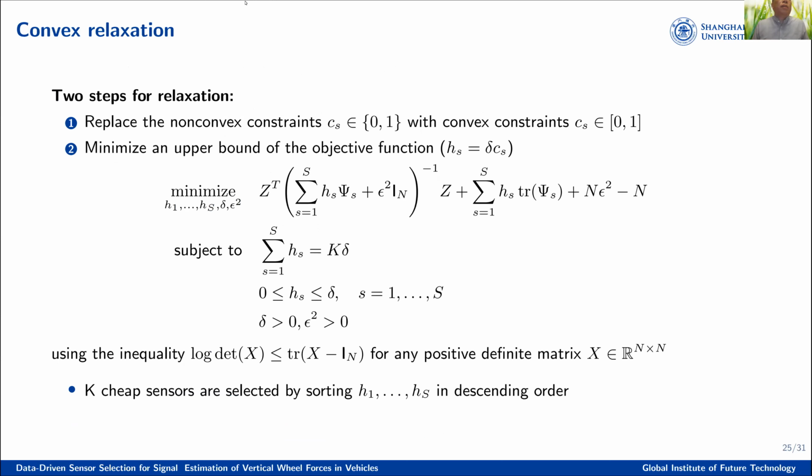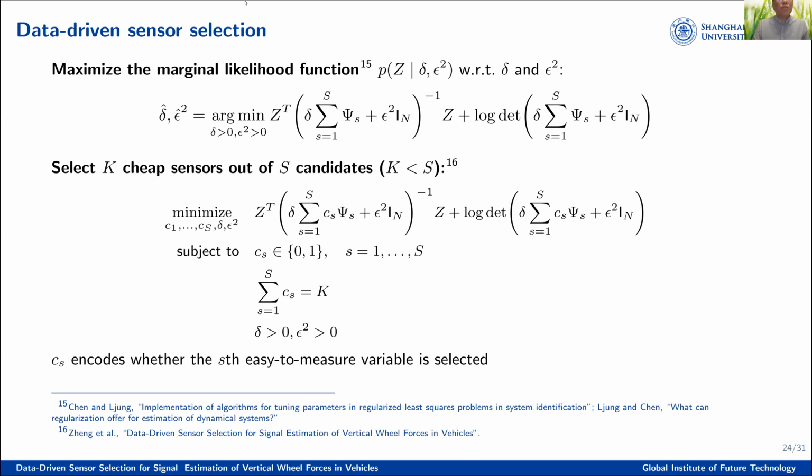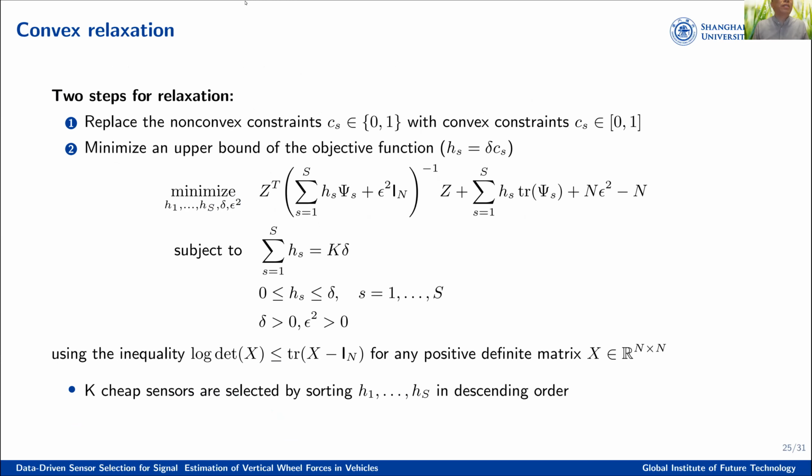Okay, solving this second formulation is actually not that easy, right? Because we have 0, 1 variables. So there are two things we conducted to make this optimization easier to solve. First, we conduct a relaxation from 0, 1 variables to convex constraints between 0 and 1. So we replace these non-convex constraints with convex constraints.